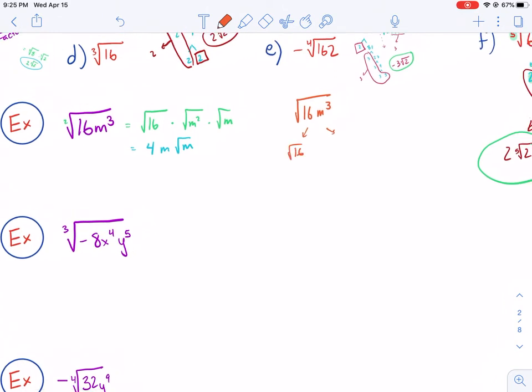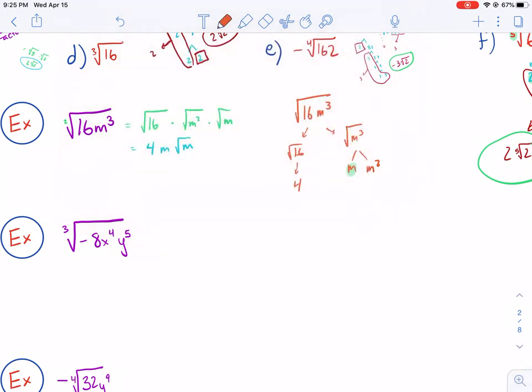So the square root of 16, obviously that's 4. You should be able to get that. But what about the m cubed? How do you do the factor tree on that? Well, basically the same thing. This is the same thing as m times m squared, where m is prime, m squared is not.